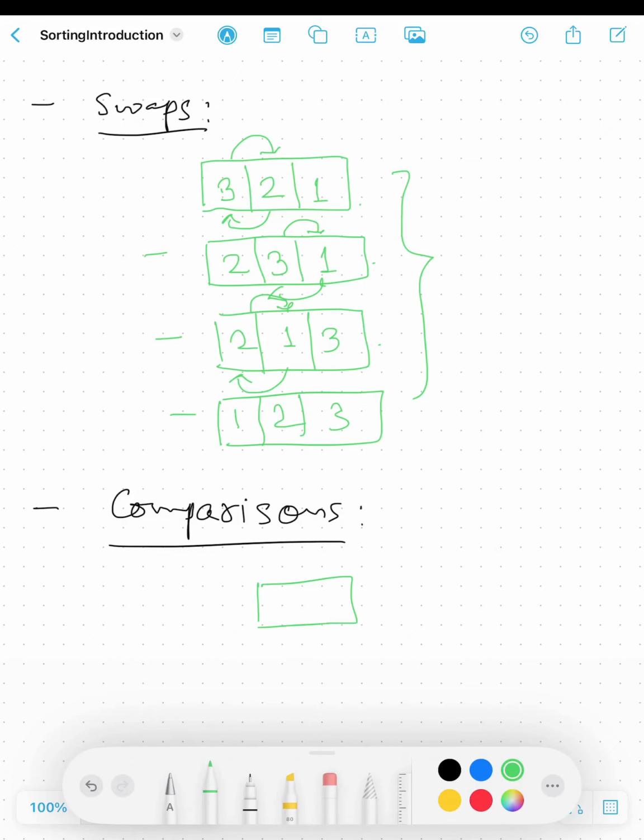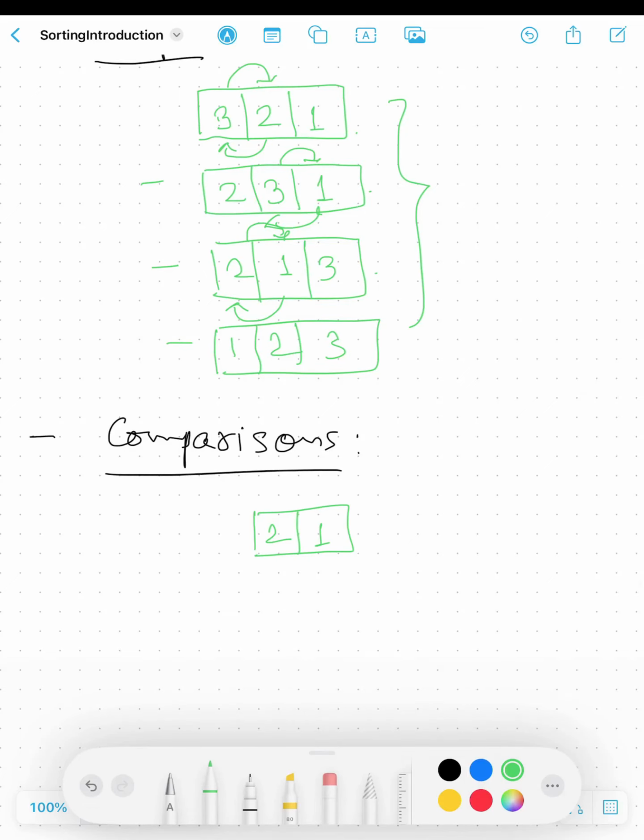So let's say you have an array and you want to compare these two values, and if the first value is bigger than the second value, you are going to swap. So this step did a comparison plus a swap, right?